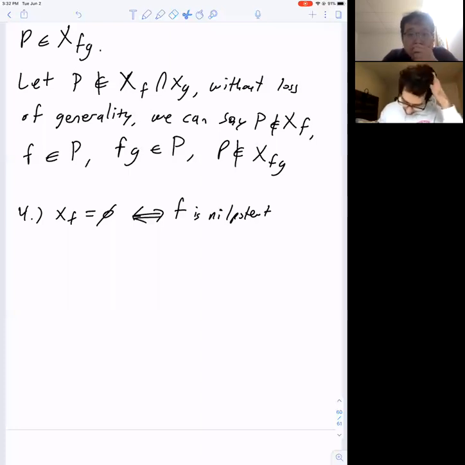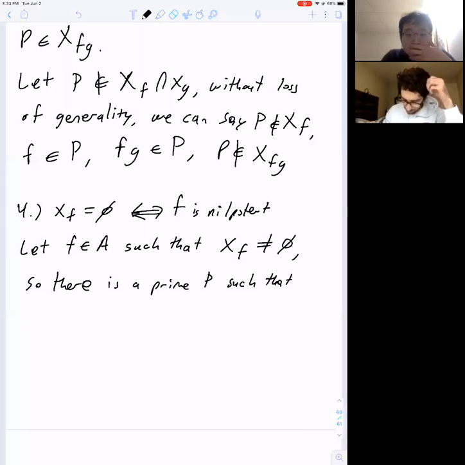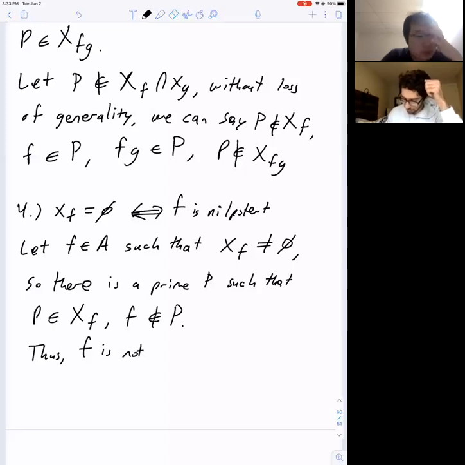Let's say f in A is such that X sub f is not empty, so there is a prime P such that P is in X sub f, meaning f is not in P. So f is not an element of all prime ideals.